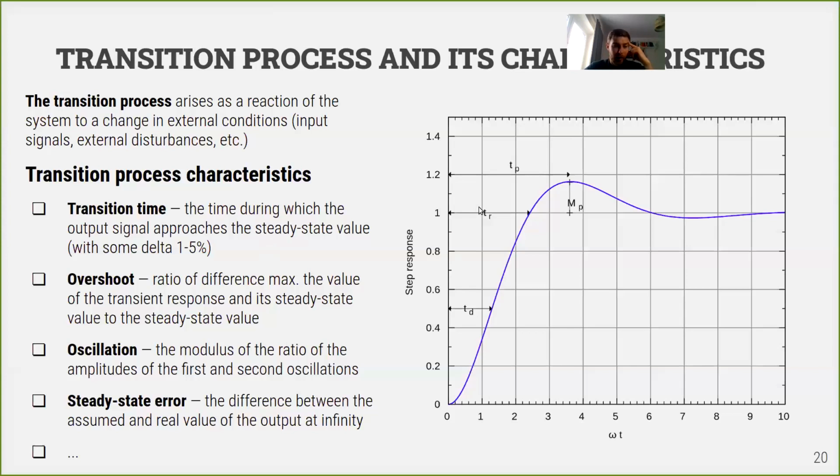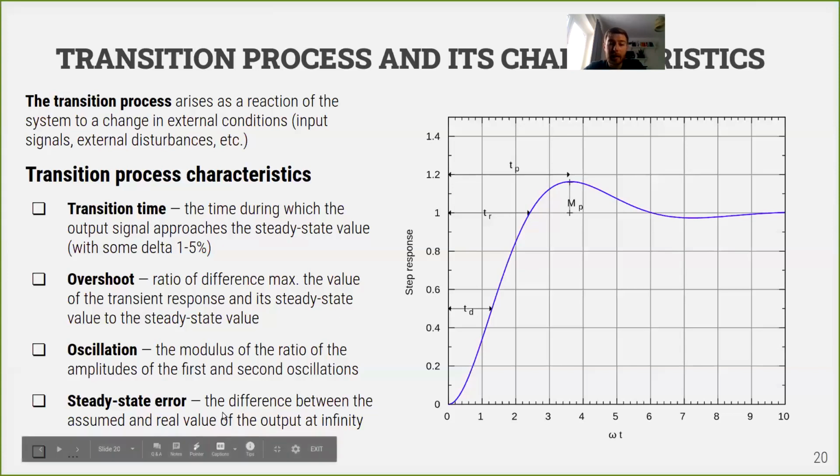This is a modulus or absolute value of the ratio of the amplitude of the first and second oscillation. So here we have the first oscillation, here we have the second. So the absolute value of the ratio is oscillation, and of course we want as small oscillation as possible, because of the same reason as overshoot, we don't want to oscillate a lot, we just want to reach our desired value.